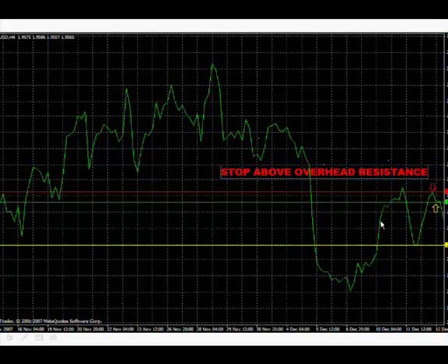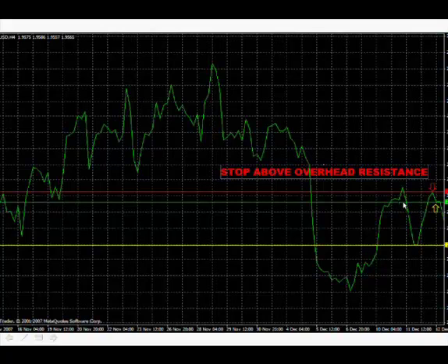If I had decided to go short here, even though this doesn't necessarily mean a trend break, let's just say simply because it was a breakdown below support here, I decided I want to go short.